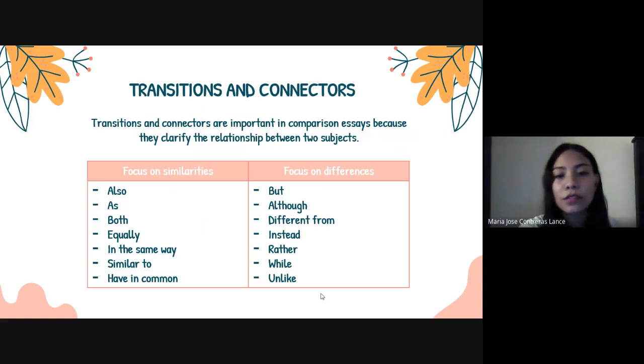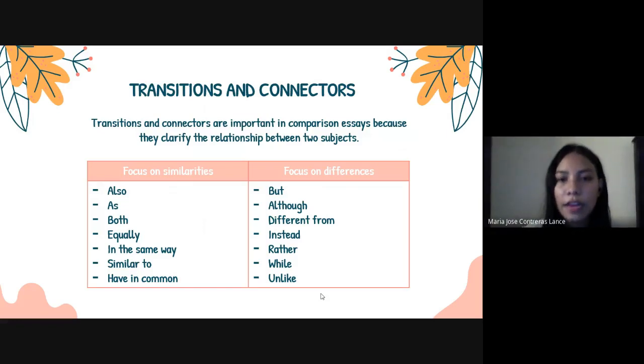We can find two different types of transitions and connectors, and they are focused on similarities or differences. We can find transitions and connectors such as also, as, both, equally, similar to, and have in common, to focus on similarities, when you are talking about similarities between the two topics.